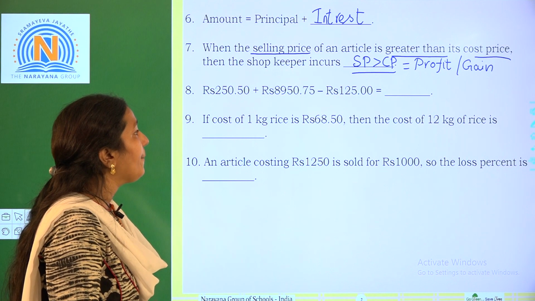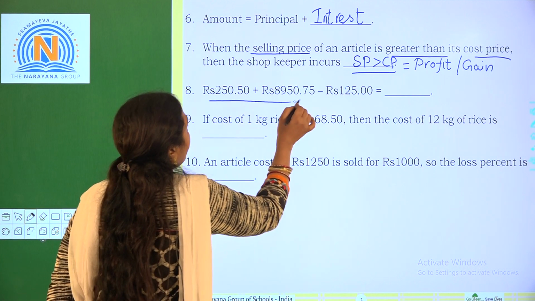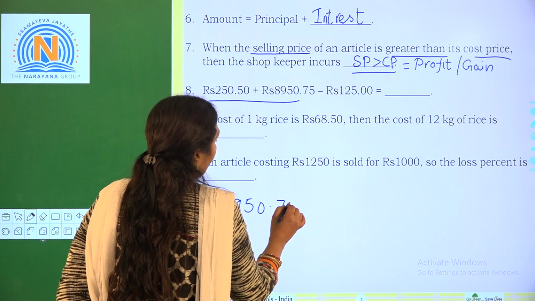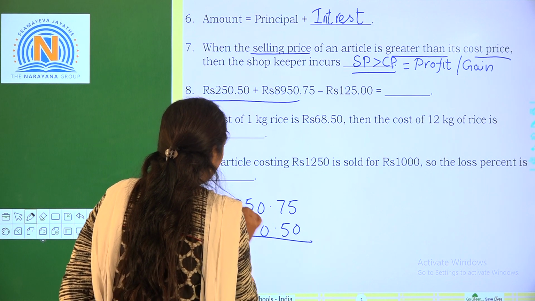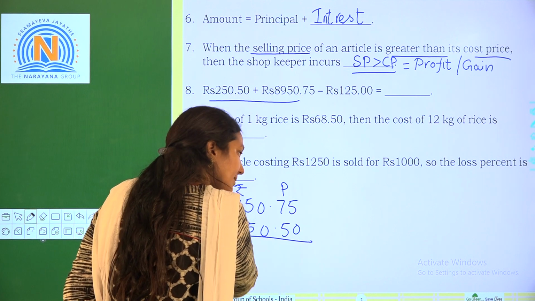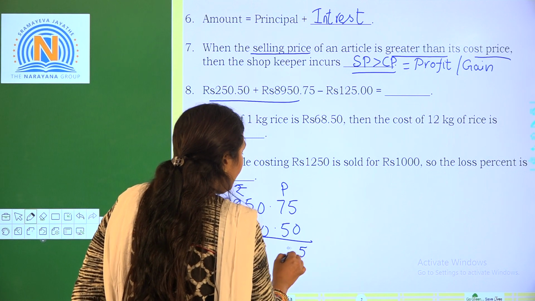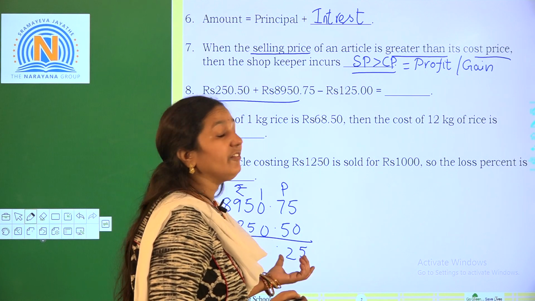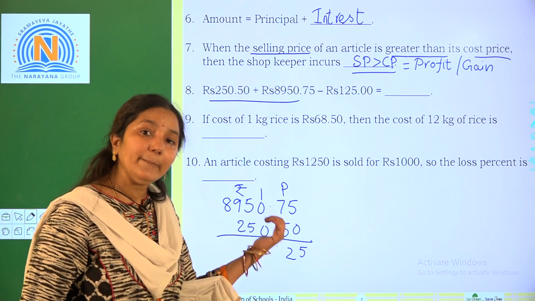Next one, 250 rupees 50 paise plus 8,950 rupees 75 paise minus 125 rupees. Means we have to add first these two numbers. 8,950 rupees 75 paise and 250 rupees 50 paise. 75 plus 50 paise, what did you get, children? 125 paise. 125 paise means 100 paise plus 25 paise. 100 paise is nothing but 1 rupee.